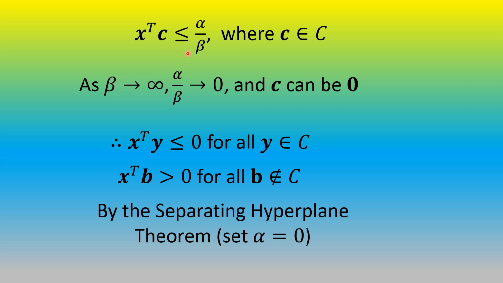So that minimum, we can call it gamma, must be 0. In the separating hyperplane theorem, in the previous slide, we called that factor alpha, so I guess we'll say alpha. We'll set that equal to 0. So this must be true by the separating hyperplane theorem, where y is just a vector in the cone, and b is a vector that's not in the cone.